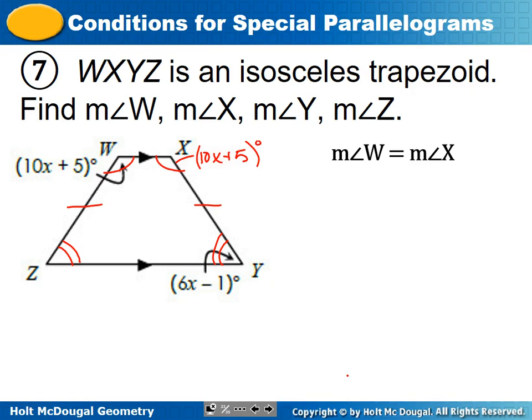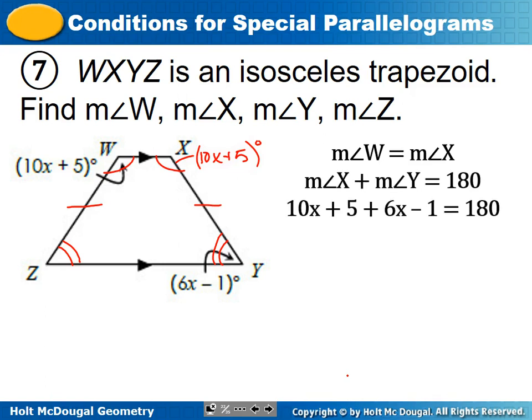And that means then that I can add angle X and Y together and they should equal 180. So that's exactly what I'm going to do. I'm going to combine my like terms, 10x and 6x, that's 16x, and 5 minus 1 is 4. I'm going to subtract 4 from 180 and divide 16 into 176, so X is 11.